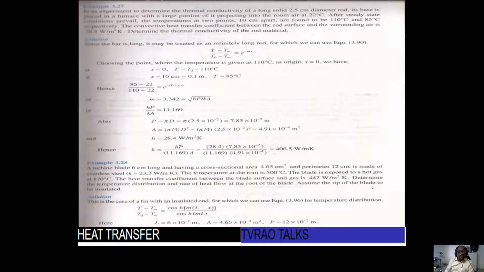Next, what you have to do is first note down the given data. That is very, very important for any problem. First you identify and note down the given data, then you will get some understanding.